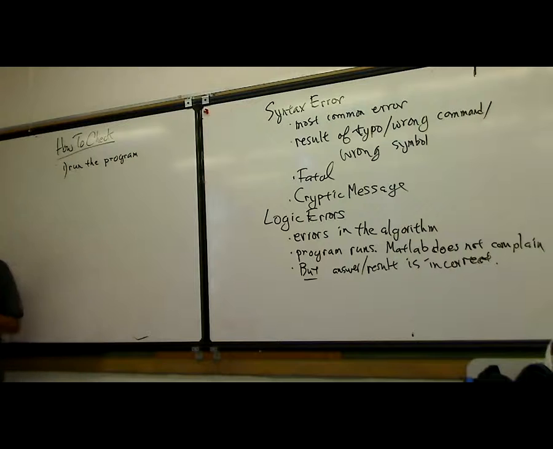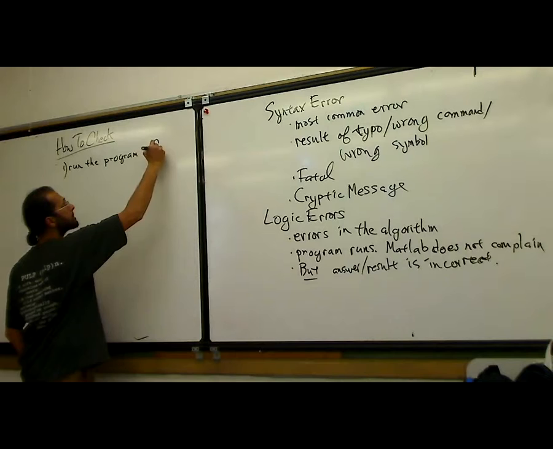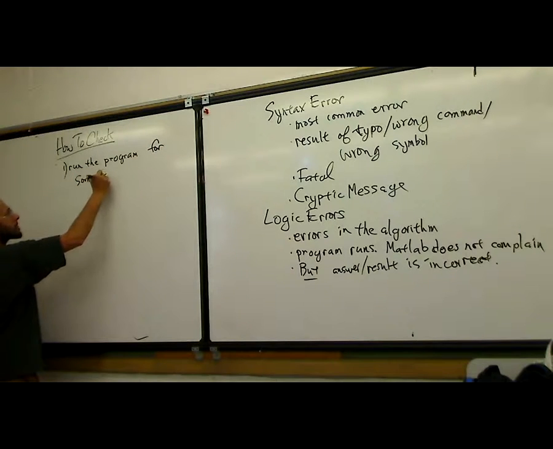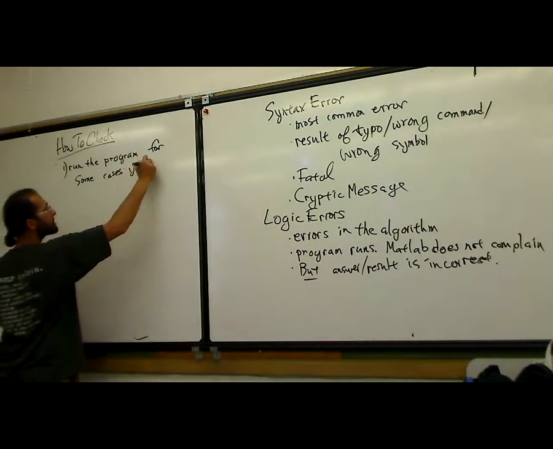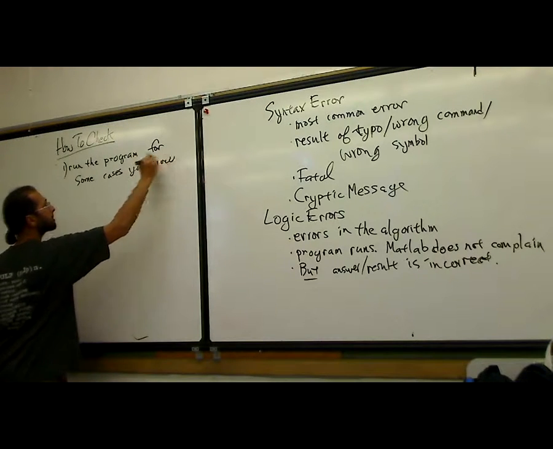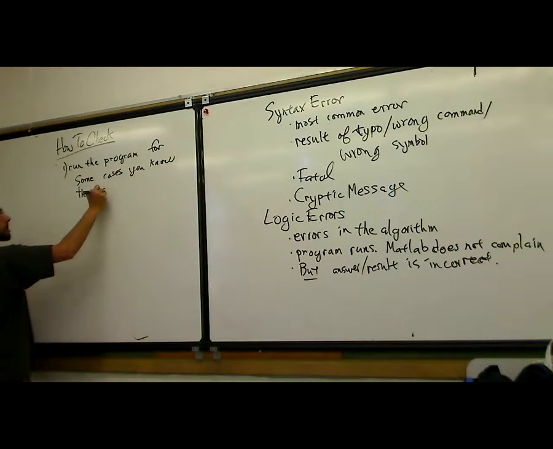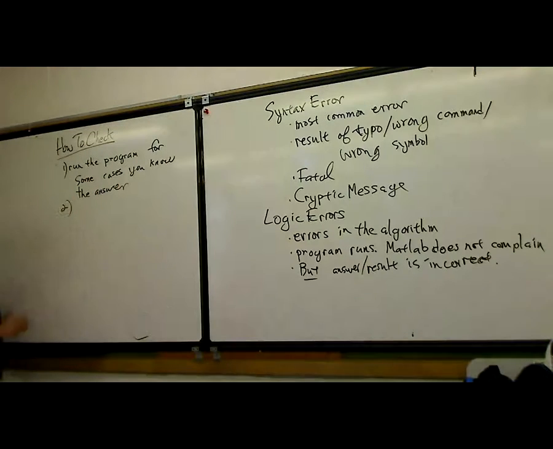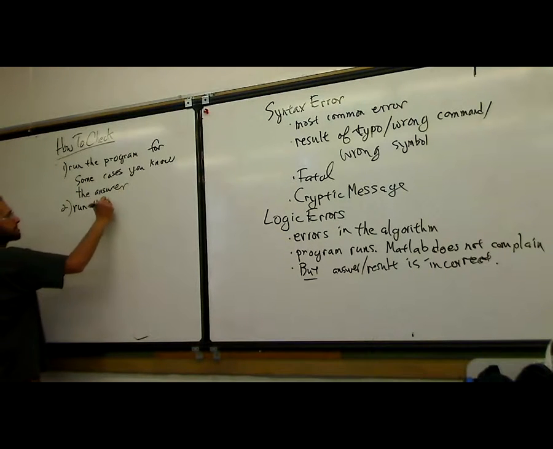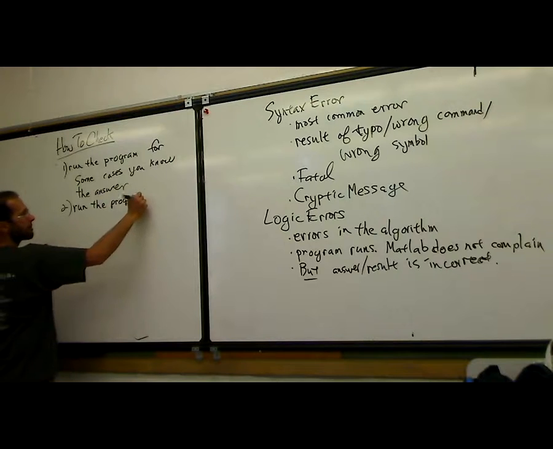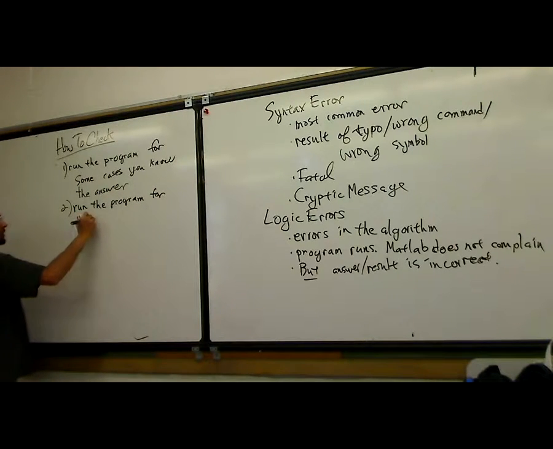Run the program for special cases for which you know the answer. You can run the program for corner cases, extreme values. Choose really small, really big ones. People call these corner cases.